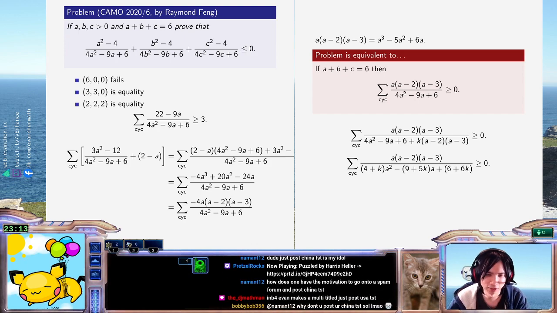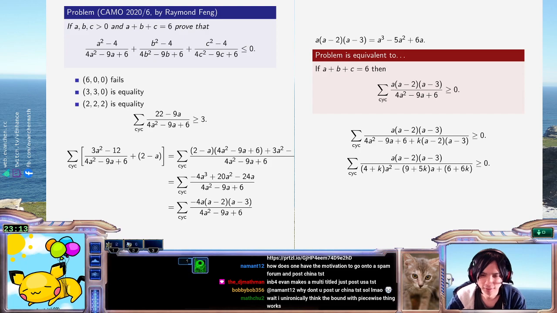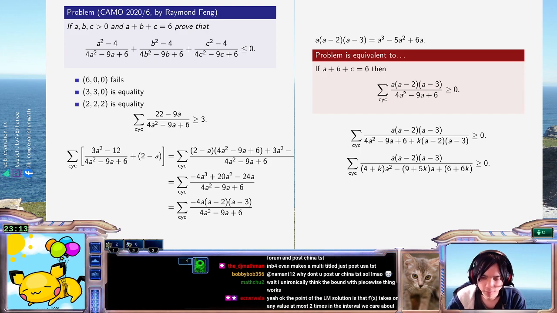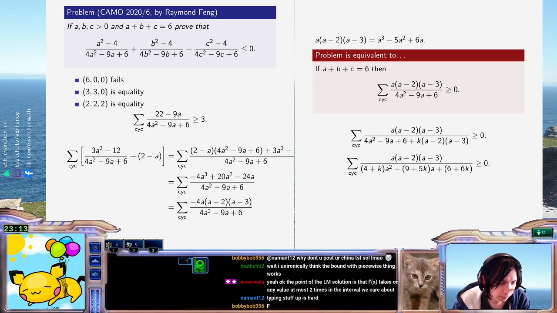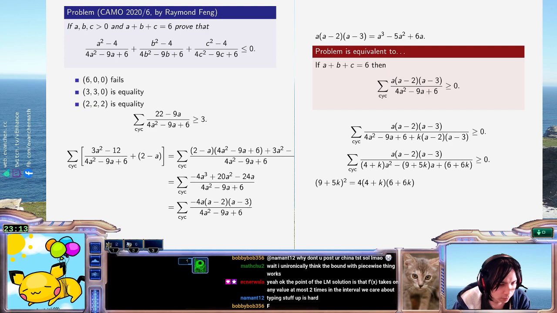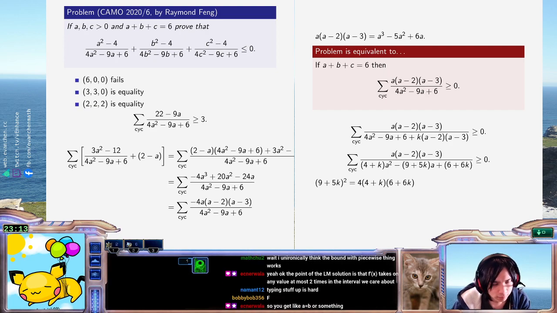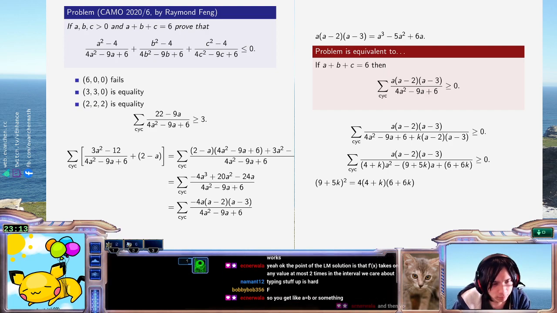They're just post USA TST. Someone solve this for me and tell me if the value of k is positive.